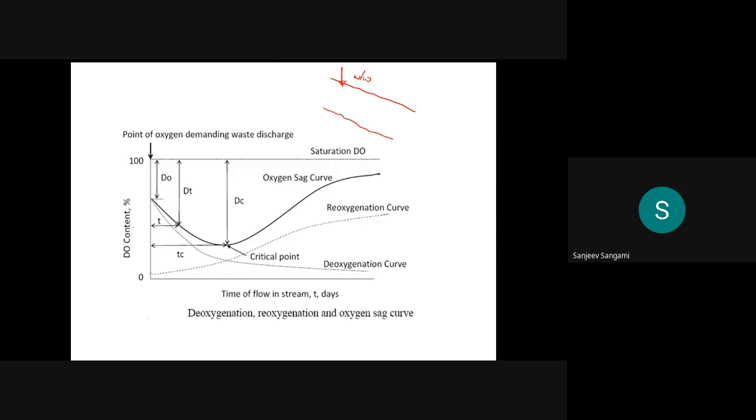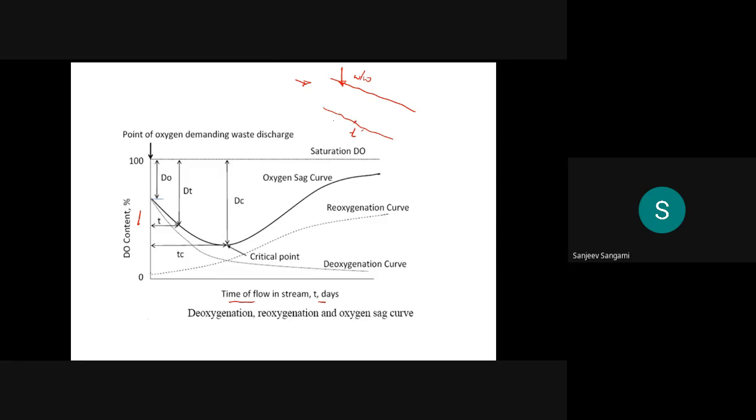So at this point, this is a percentage of y-axis. You consider it as a DO content, and this is time of flow, that is T, along with T. As it travels with a distance, of course, it requires some time.